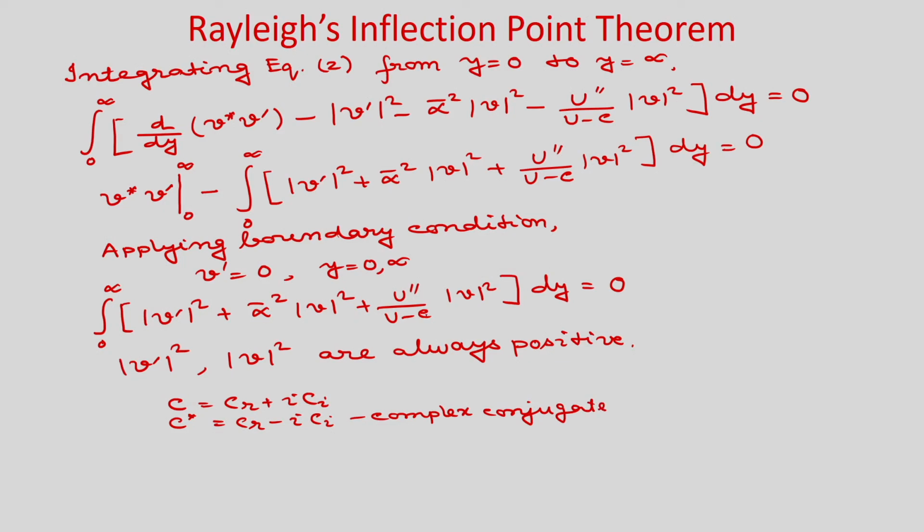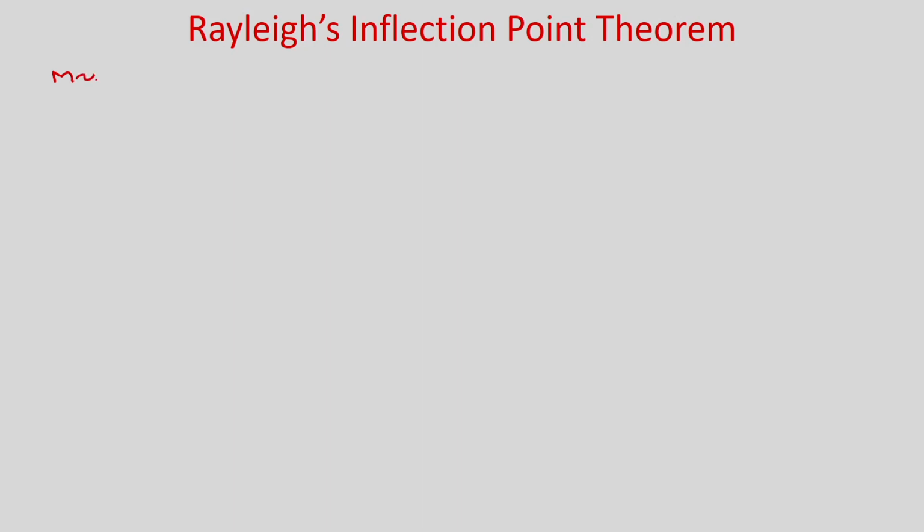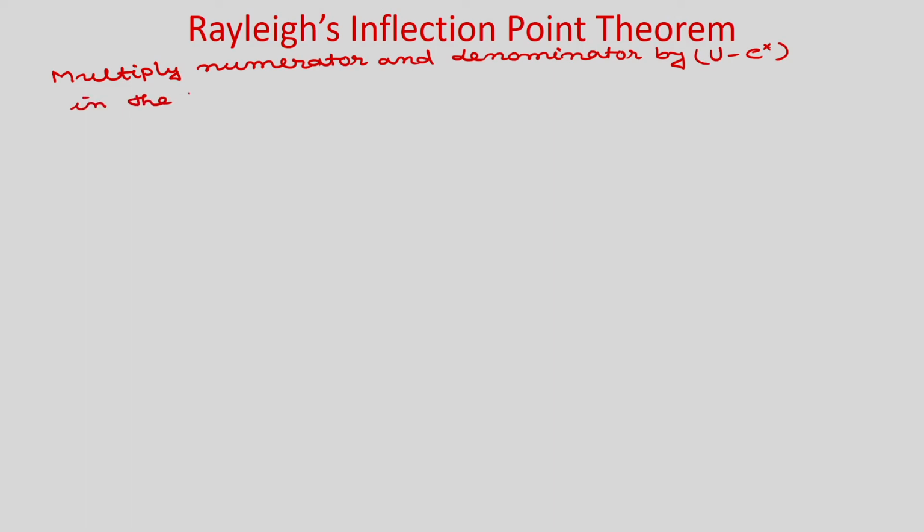So, now what will we do? Let us say that this is equation number 3. Now, multiply the numerator and denominator by u minus C star, where C star is the complex conjugate of C, in the third term of equation 3.